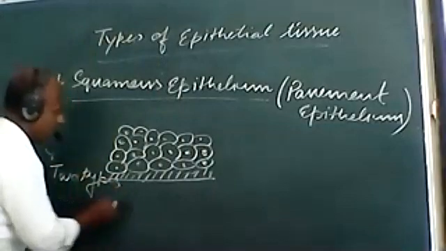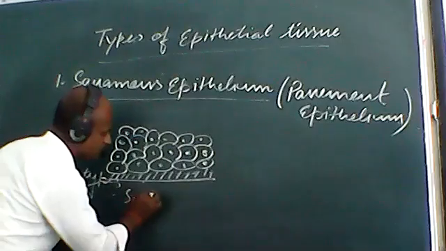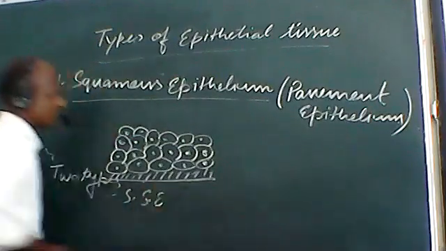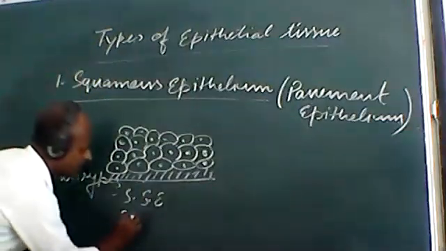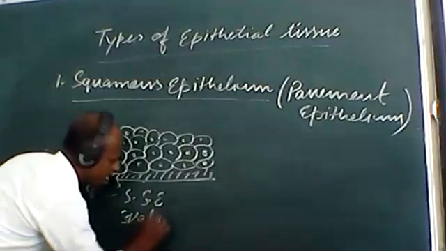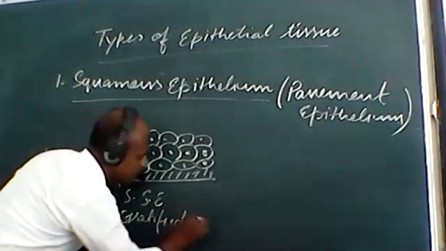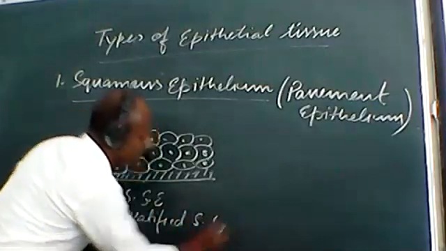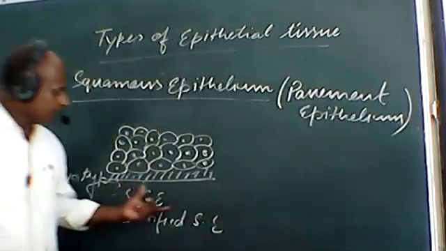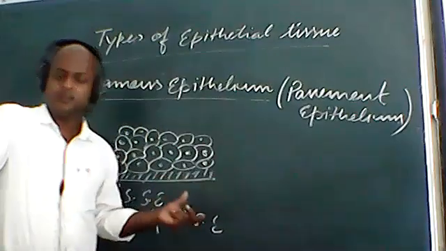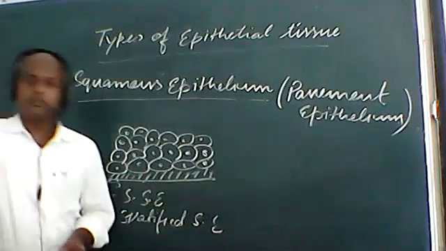Two types are, the first one is simple squamous epithelium and the other is stratified squamous epithelial tissue. Then what is the difference between simple squamous and stratified squamous?